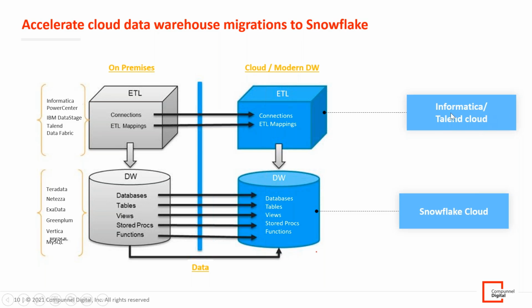For example, take Informatica Intelligent Cloud Services, or the Informatica cloud application, or Talend on cloud, which is also available. Your on-premise ETL work you can migrate to cloud-based Informatica or Talend, so that all of your ETL connections, ETL mappings, mapping tasks, task flows, or workflows, every piece of ETL code, can be migrated into cloud-based applications like Informatica and Talend. In recent times, the majority of ETL applications are available on cloud-based platforms.